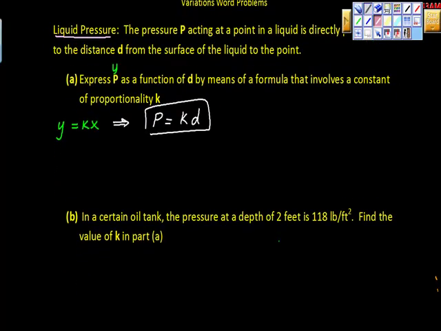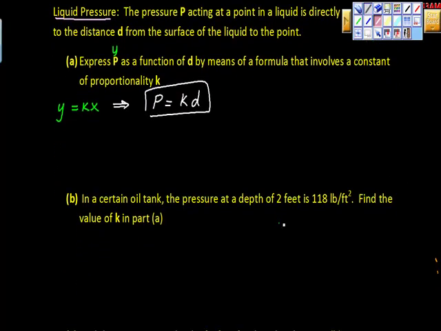And then the second part is just the next natural part that you would do here. It says, in a certain oil tank, the pressure at a depth of 2 feet is 118 pounds per square foot. Find the value of k in part A. So I'm going to remind myself that P is equal to k times d, and then substitute in values.